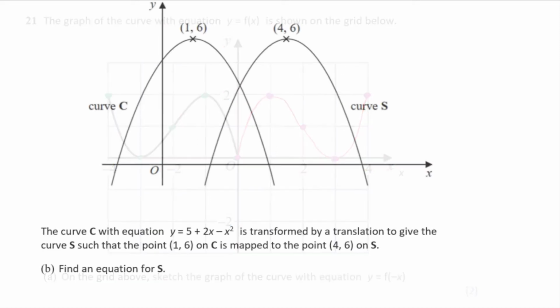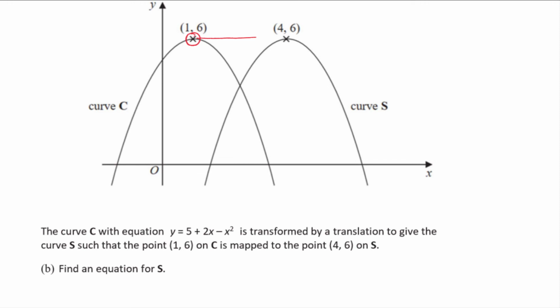Okay, now for part B, it says the curve C with equation y equals 5 plus 2x minus x squared is transformed by the translation to give curve S such that the point 1, 6 on C is mapped onto 4, 6 on S. Find the equation for S. Okay, so this point here then, 1, 6, is mapped onto this point here, isn't it?